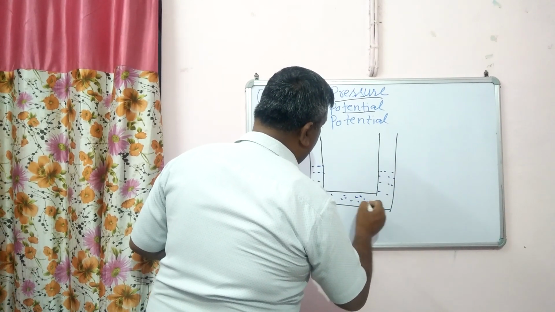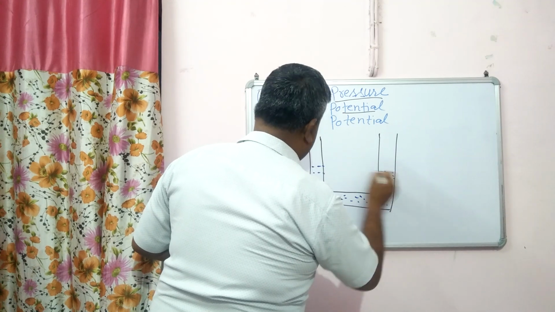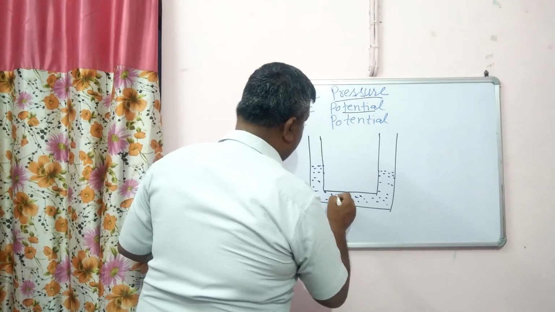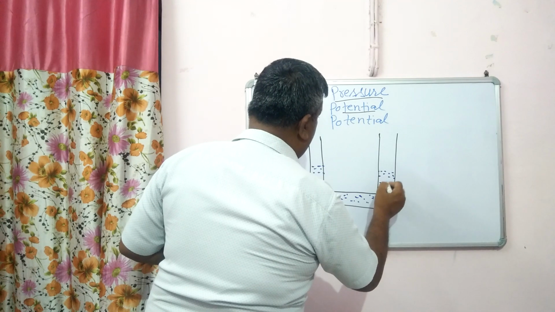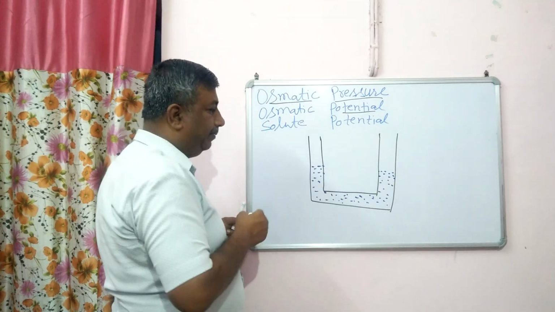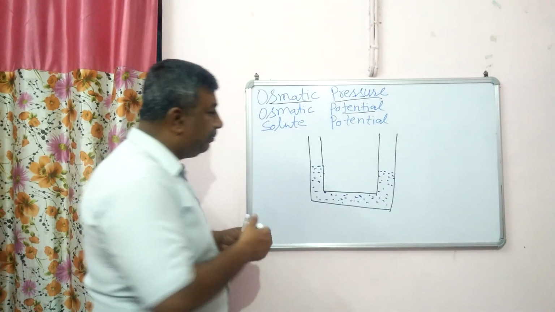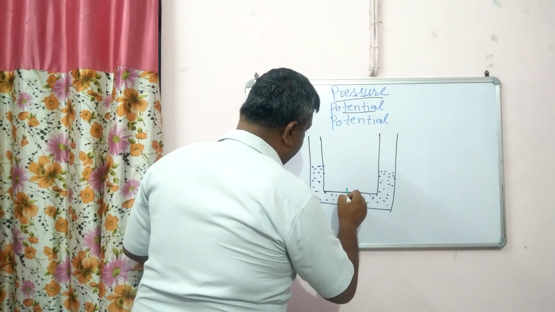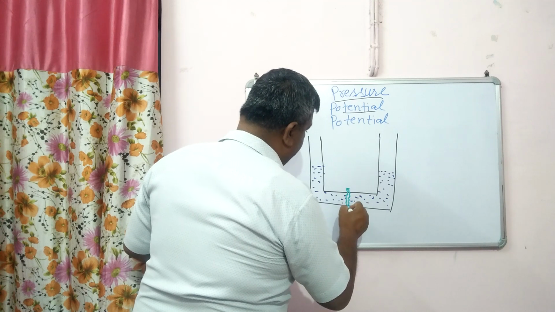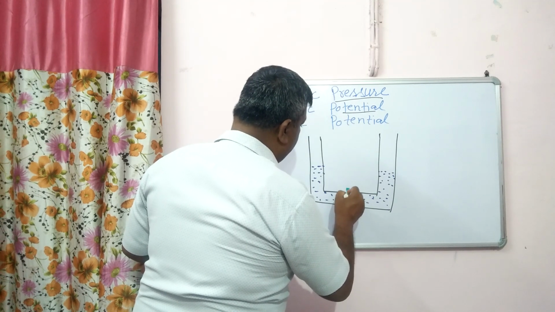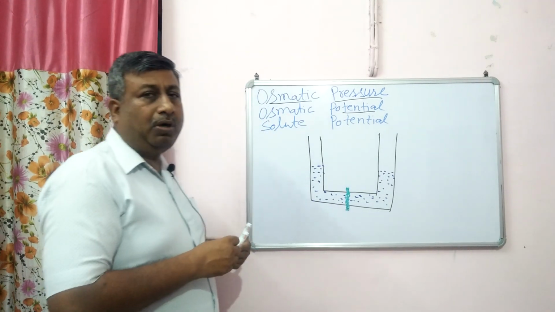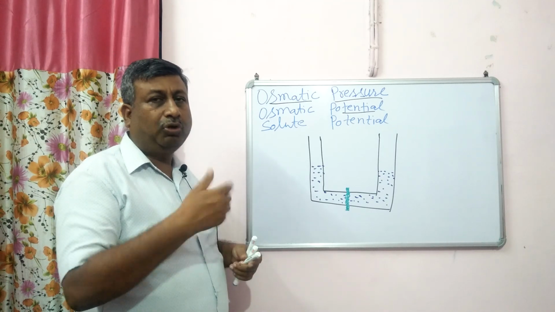So water is freely moving here to there, and there is a random movement of water, and there is an equal level, and suppose a semi-permeable membrane is present. Semi-permeable membranes are those membranes which allow the movement of the solvent water, not the solute.